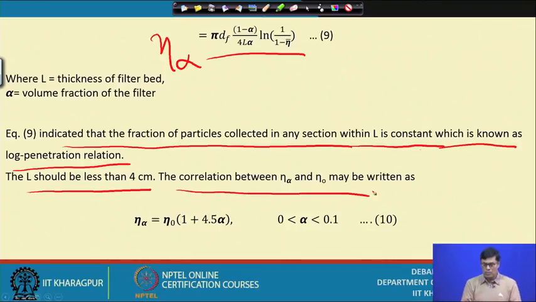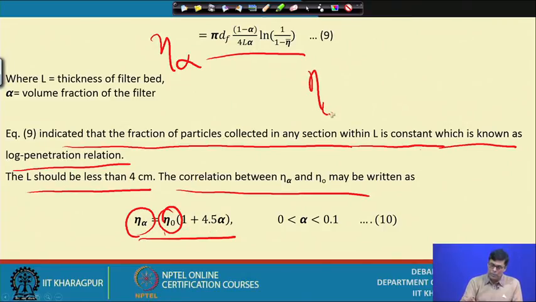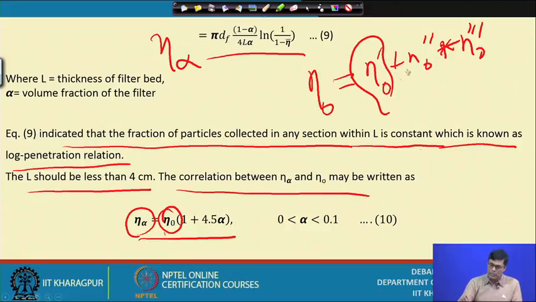The correlation between eta alpha and eta 0 is like this. The eta alpha is the single fiber efficiency, and eta 0 is the overall collection efficiency. With the normal theoretical procedure, eta 0 is eta 1 dash plus eta 2 dash plus eta 3 dash, where one is inertial impaction, one is interception and diffusion.